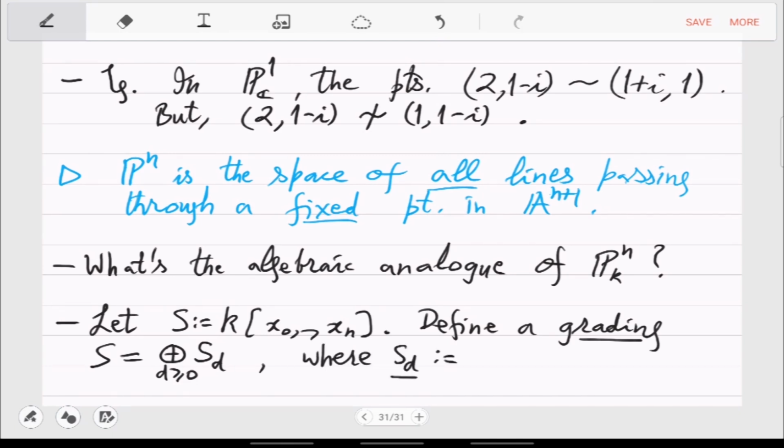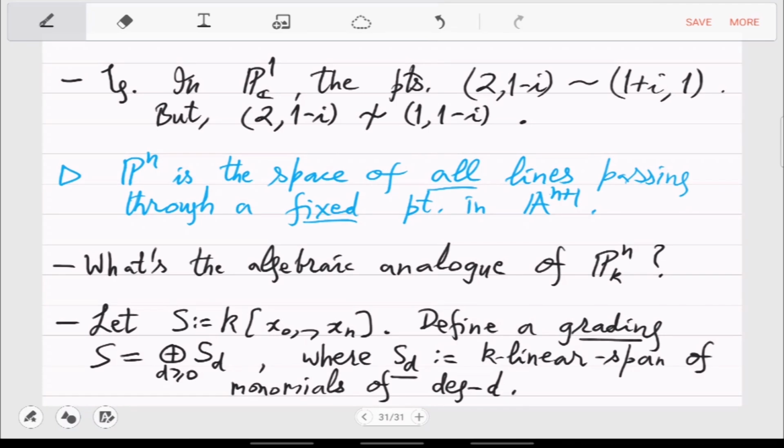So SD is the K linear span of monomials of degree D. Okay, so grading is simply this decomposition of the K vector space S, which is the polynomial ring, into these subspaces.